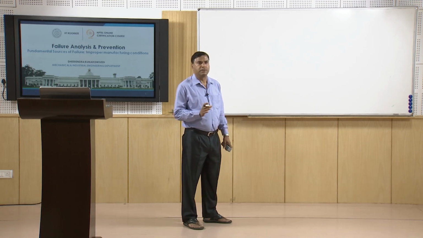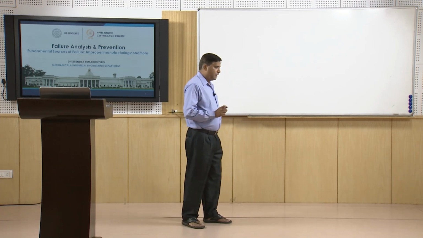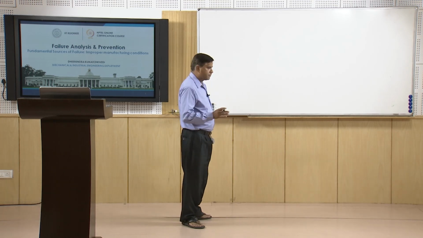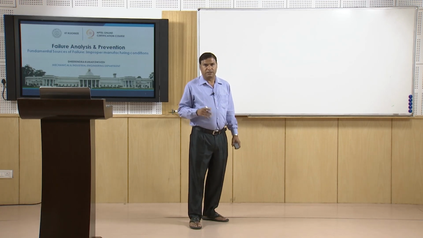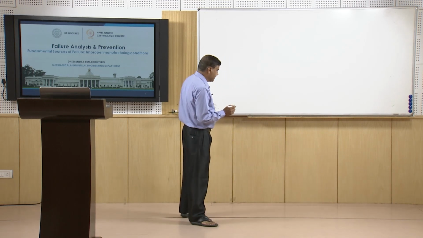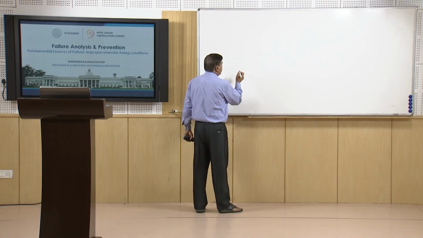Now we are talking about improper manufacturing conditions, or deficient manufacturing or processing conditions. Under this heading we have talked a lot about various aspects, like the manufacturing process or the improper selection of the manufacturing process parameters. Today we will be taking up failures caused by two steps related to manufacturing.